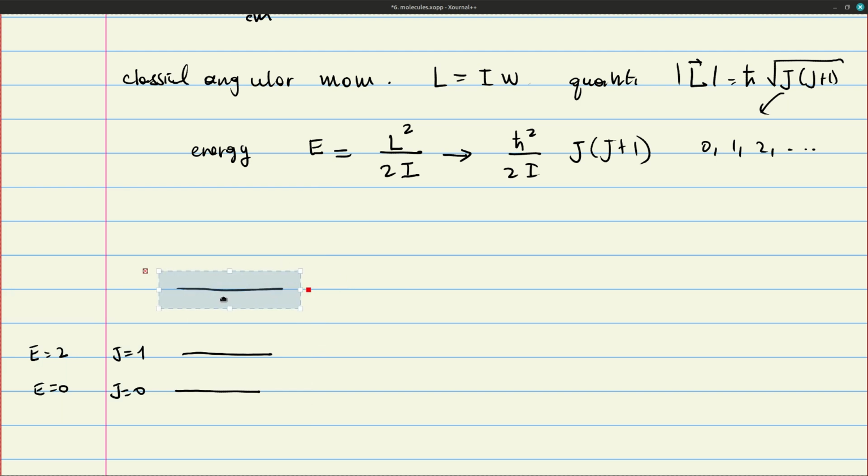Another one here: J equal to 2, and E is 2 times 3, which is 6 in units of h bar squared over 2I. And the last one is J equal to 3. Of course, there is more, but I'm not going to write it. And 3 times 4 is E equal to 12 in units of h bar squared over 2I.